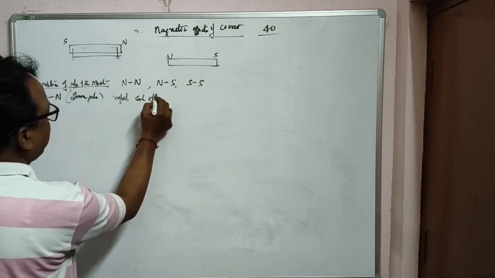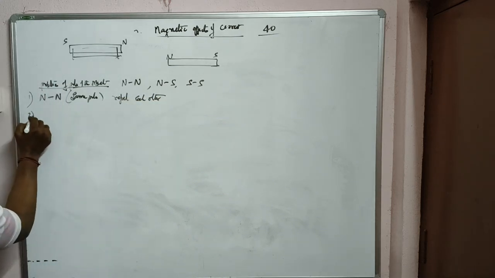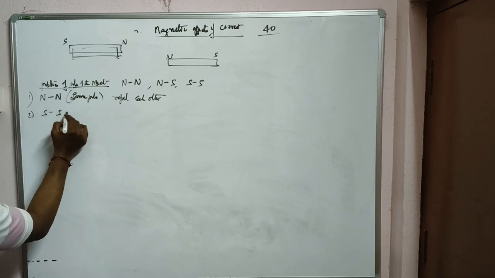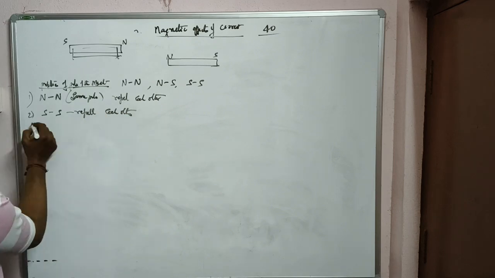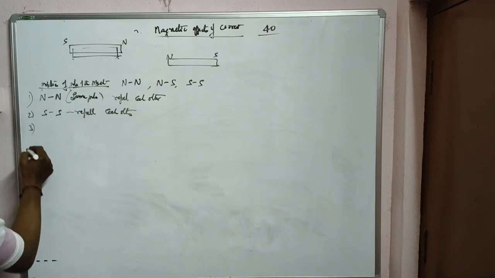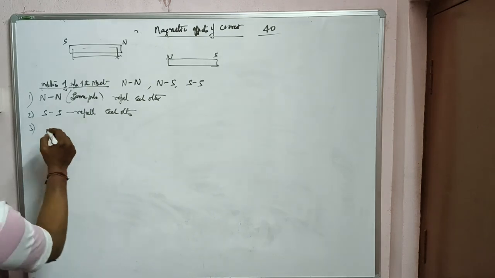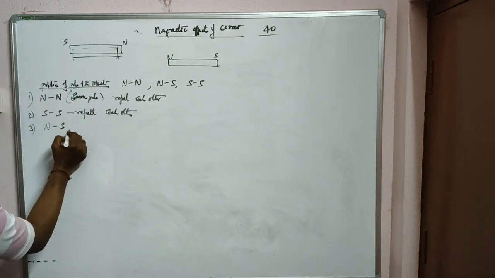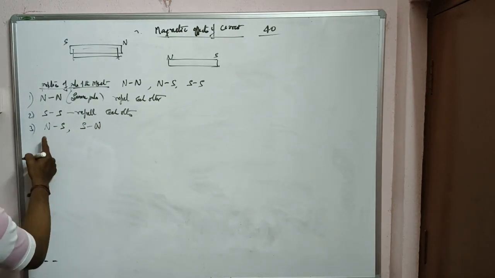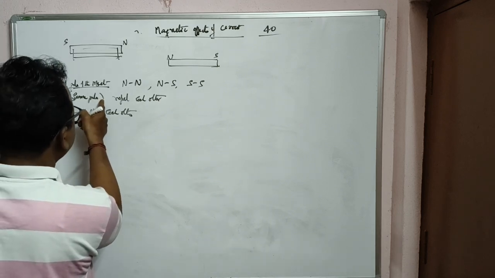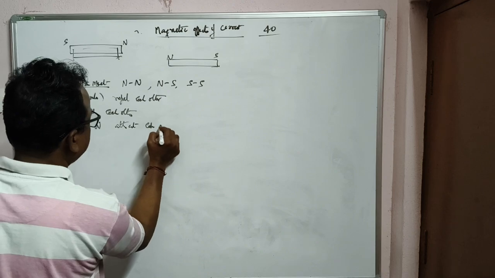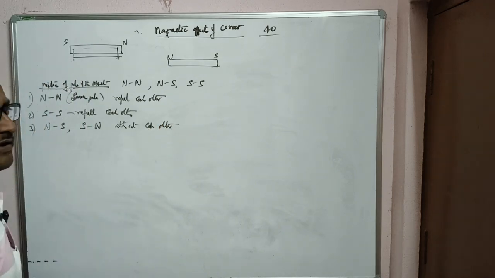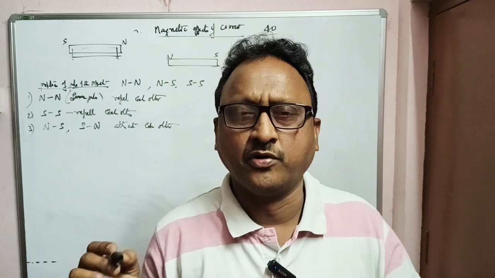Very, very important. And next one, opposite poles, that means unlike poles, north south or south north, attract each other. These are very, very important points you have to note down in your mind.